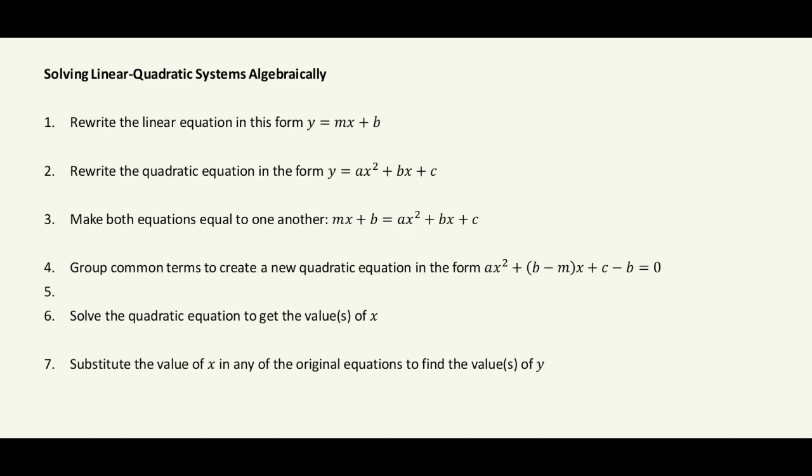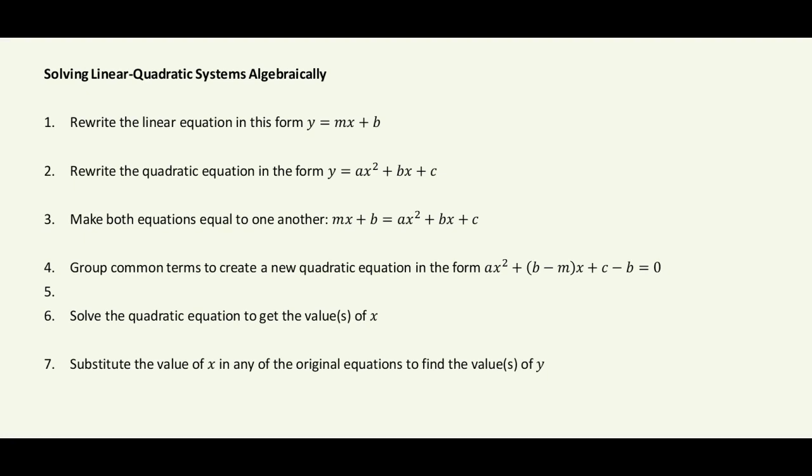Now here's how we're going to go about solving these linear quadratic systems. For the linear equation, we're going to rewrite it in the form y equal to mx plus b, and for the quadratic equation, we're going to write it in the form y equal to ax squared plus bx plus c. Because we have y equal to in both equations, we're going to equate them, so mx plus b equal to ax squared plus bx plus c.